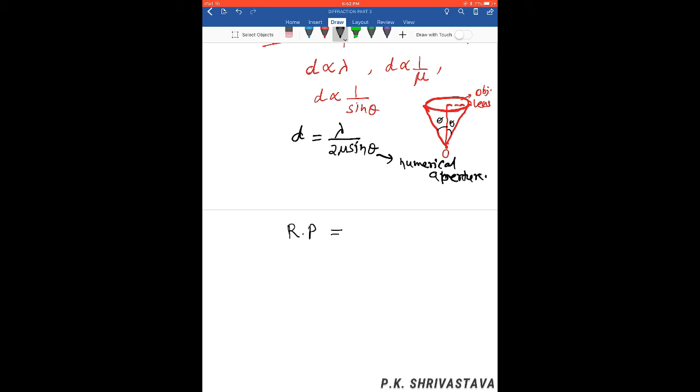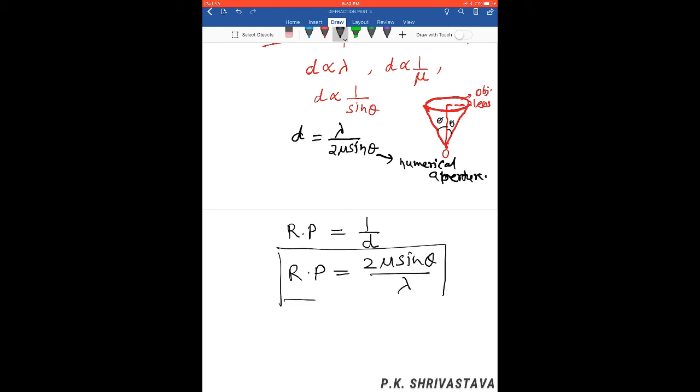is reciprocal of this limit of resolution, because if limit of resolution is less, then resolving power of microscope is more and the quality of microscope will be good. So resolving power of microscope will be 2 mu sin theta by lambda.